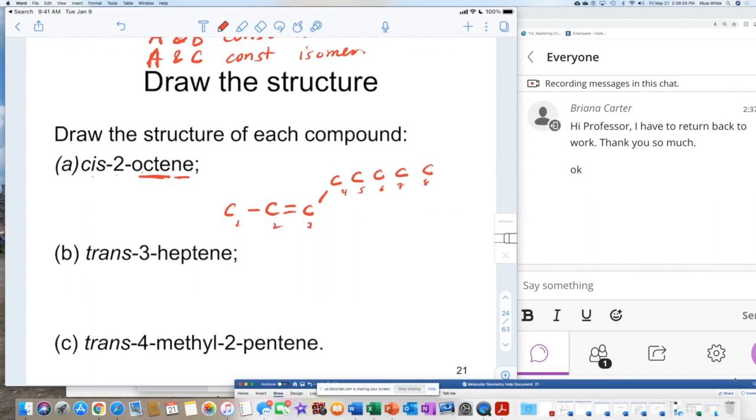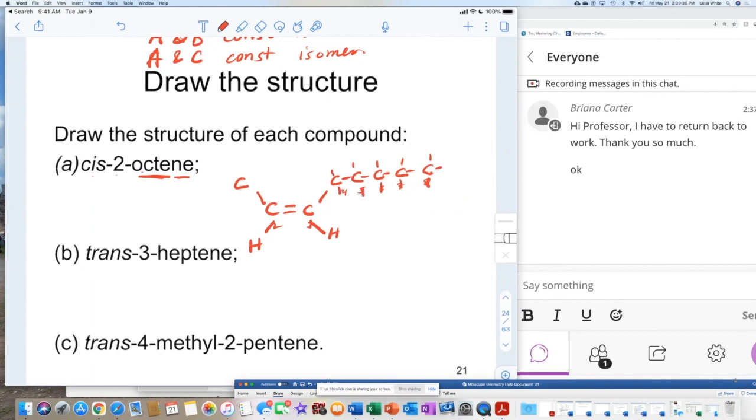Right. So the large groups have to be on the same side. That means on the left of my carbon 2, I need to move that bond and bring it up. See? And then there has to be a hydrogen down here, a hydrogen down here. So go in and fill in all the missing pieces. Each carbon has to be surrounded by 4 bonds.